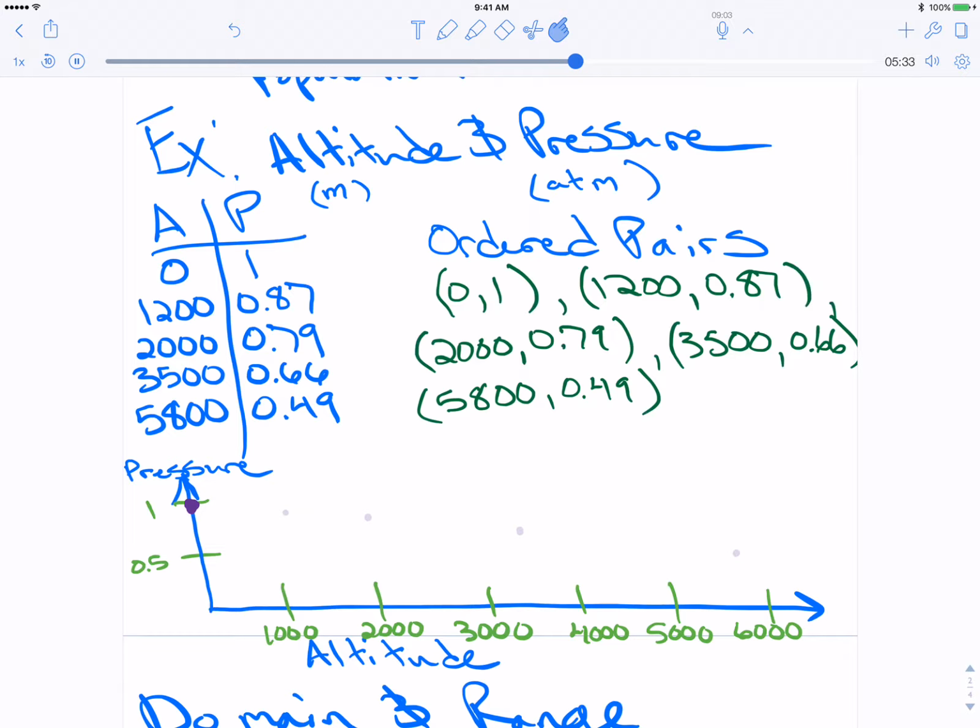If we go to enter the second one, 1200 will be slightly to the right of our 1000 mark, and the 0.87 will be about a tenth below the 1 on the y-axis. So I'm putting it about there. Now 2000 we have a marker for, so we just go directly above the 2000, and then 0.79 is about 0.2 below 1. 3500 is going to be about halfway between 3000 and 4000, and 0.66 is going to be 0.16 above the 0.5 mark, so we have to approximate where that is.